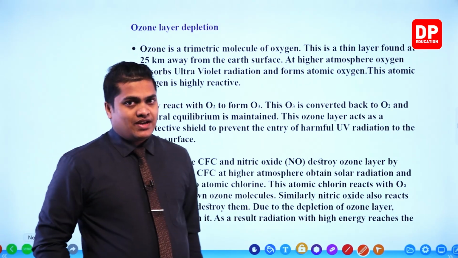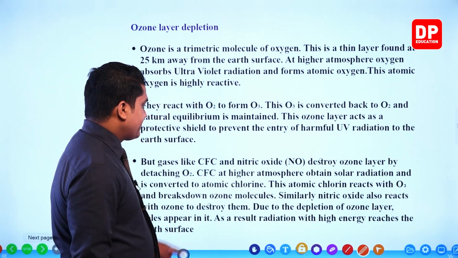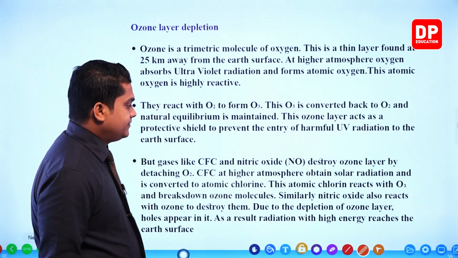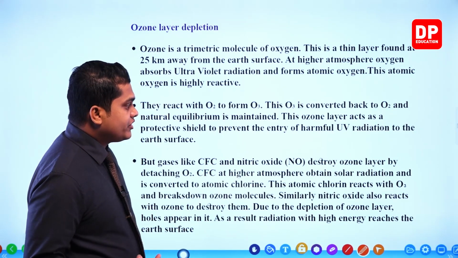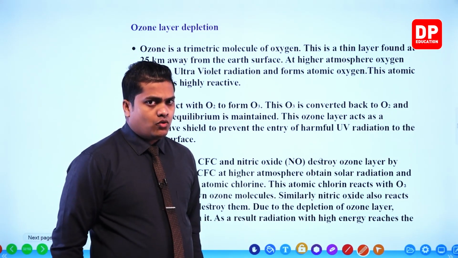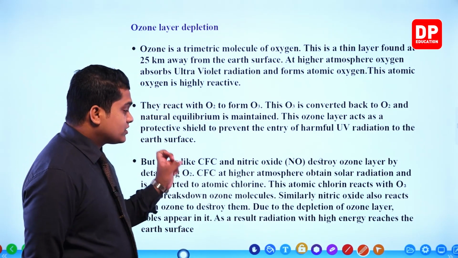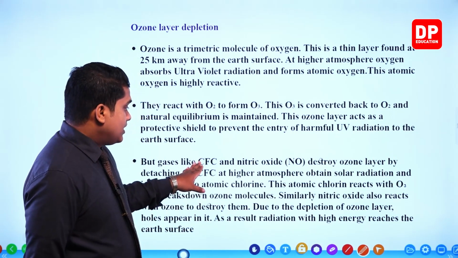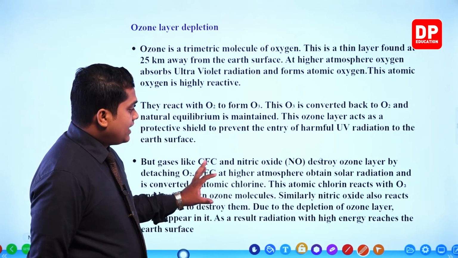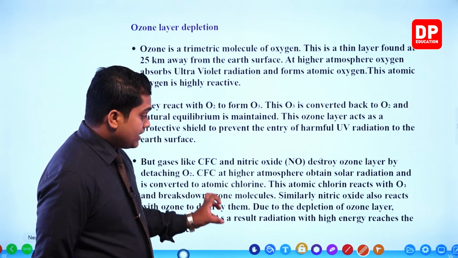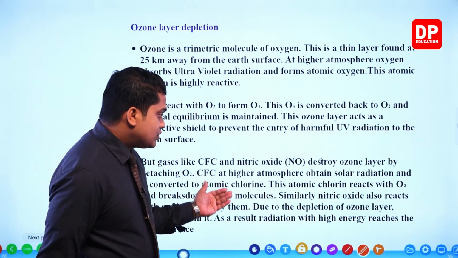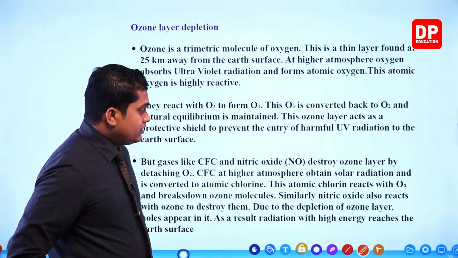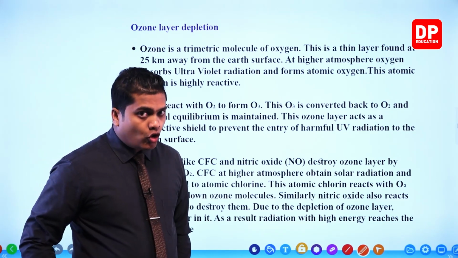Now the case is, my dear children, gases like chlorofluorocarbon and nitric oxide have the ability to destroy ozone layer. How come? By detaching oxygen from the ozone layer. That means CFC gas in higher atmosphere can absorb solar radiation and convert into atomic chlorine.